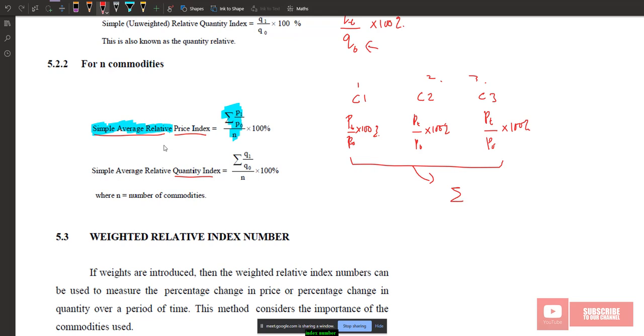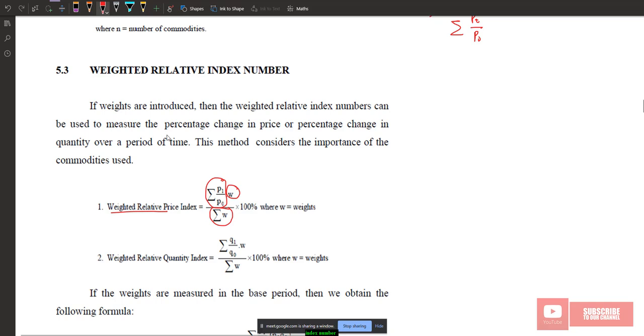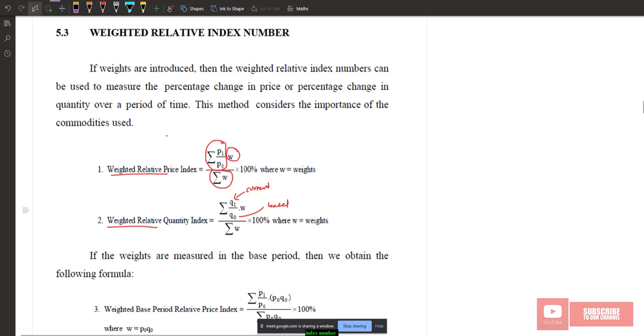This is equal to the summation of P_t divided by P naught multiplied by some weight, divided by the total weight. So this is what we call weighted relative price index. For weighted relative quantity index, we just change the price to quantity, right? The numerator is the current year and the denominator is the base year, right?